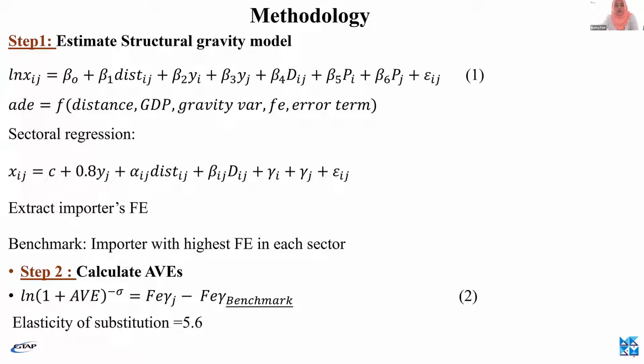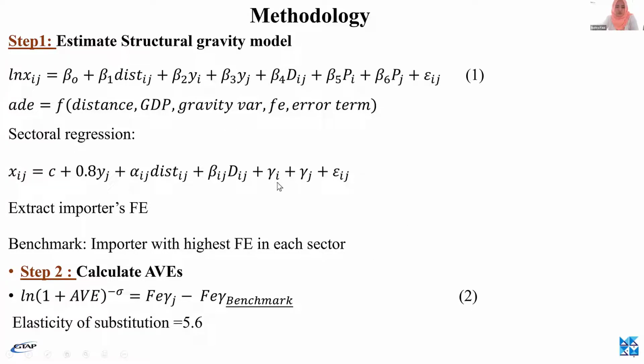But the reason for constraining the importer GDP is that we are using the importer fixed effect to calculate AVEs in the next step. So when we are constraining the GDP, the fixed effect is only reflecting the information on protection. This is how it's interpreted in the empirical analysis.